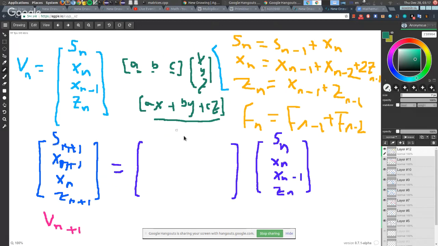So S(n+1) is equal to, the coefficient of S(n) is 1, and here we actually need x(n+1), so we might try to change this to increase it by 1.